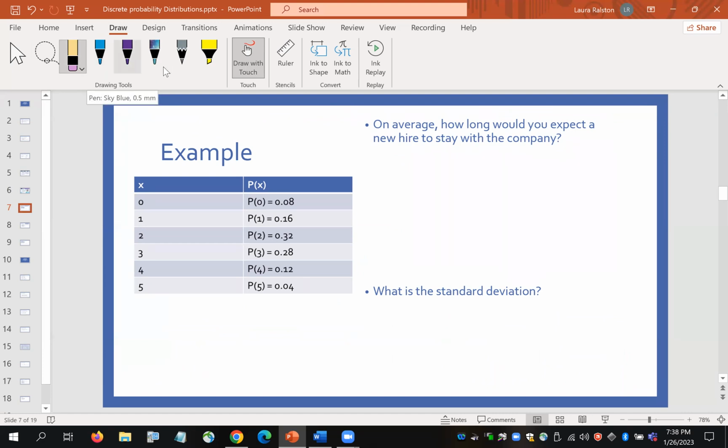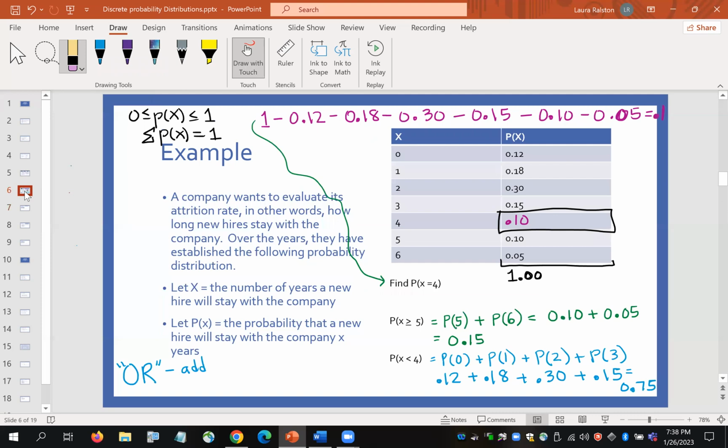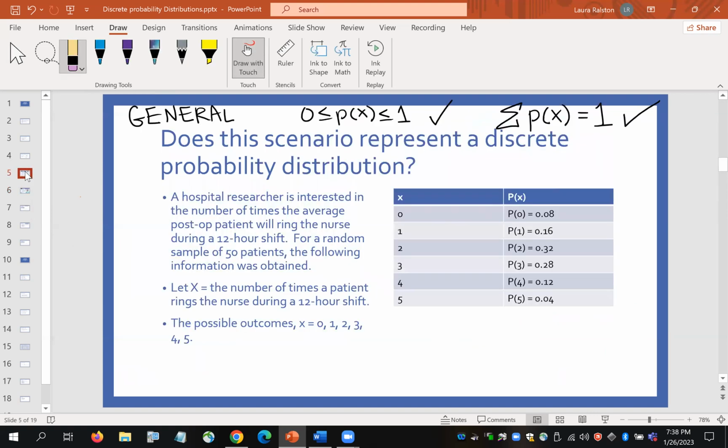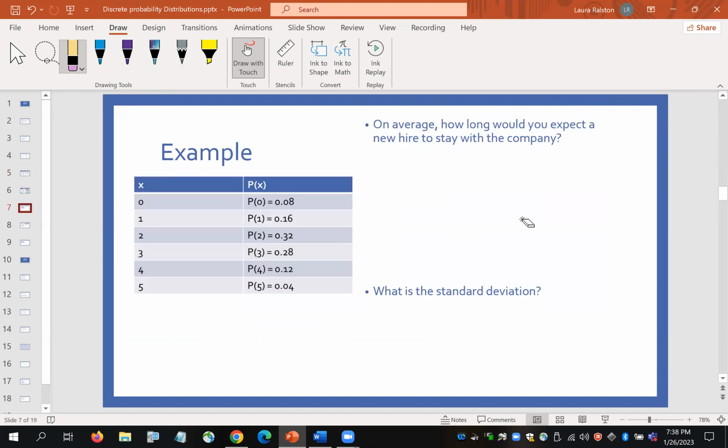Okay, this is the same problem. I just carried it over from the other page, I think. Nope. Is it? No, it's a different problem. Okay, this goes back to the first one about the researcher. So this question is about the researcher.